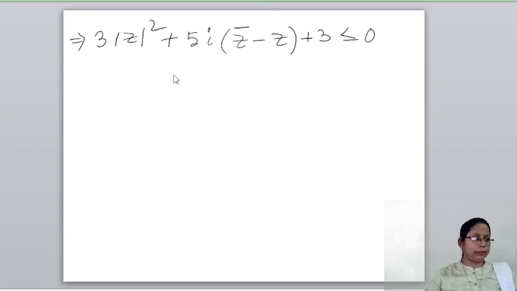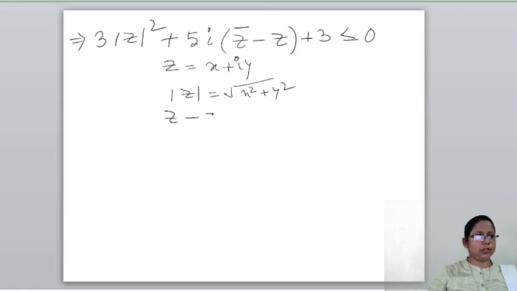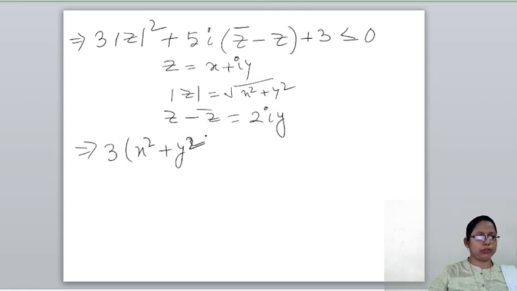We know that if z is a complex number, z equal to x plus iy, then modulus of z is root over x square plus y square, and z minus z conjugate is my 2iy. So this will be my 3 times x square plus y square.